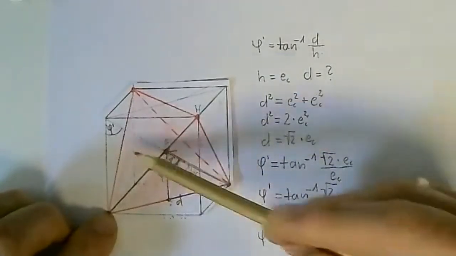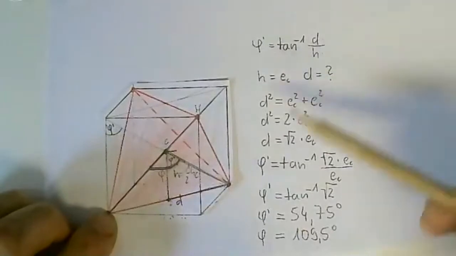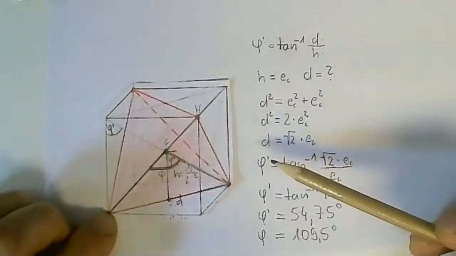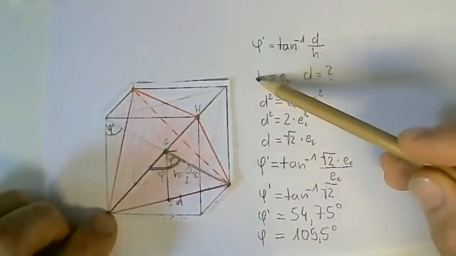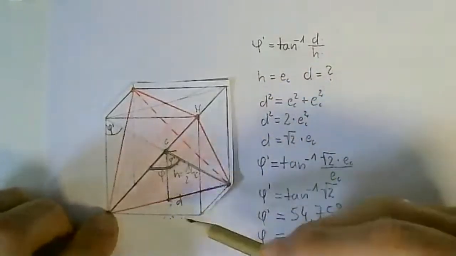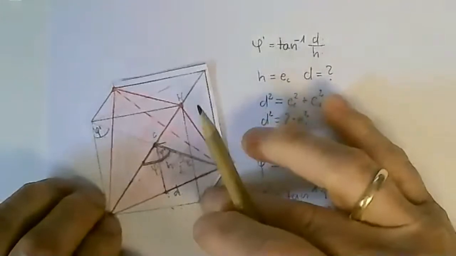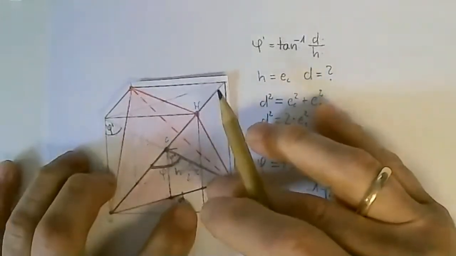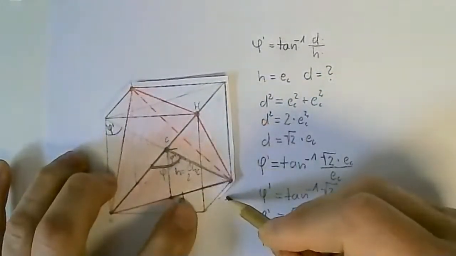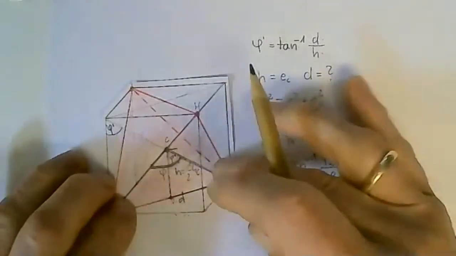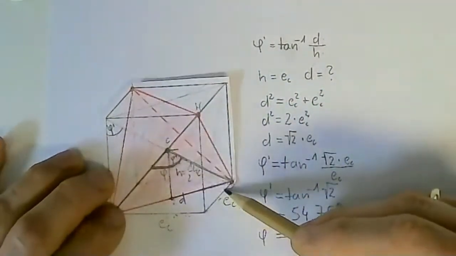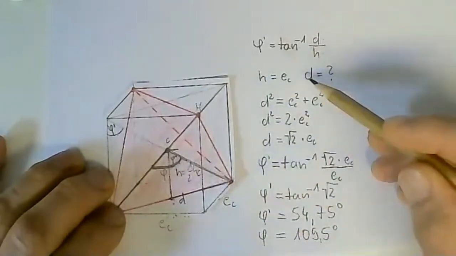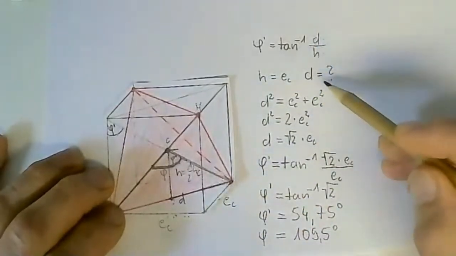The angle phi stroke equals the inverse tangent of countercathode by ancathode, in which the height is the ancathode and the diagonal is the countercathode. The height corresponds to the edge length, but how to get the value of this diagonal?